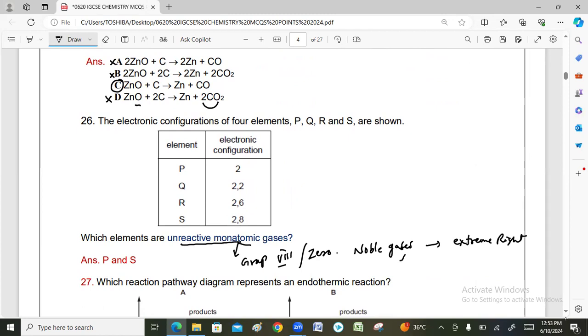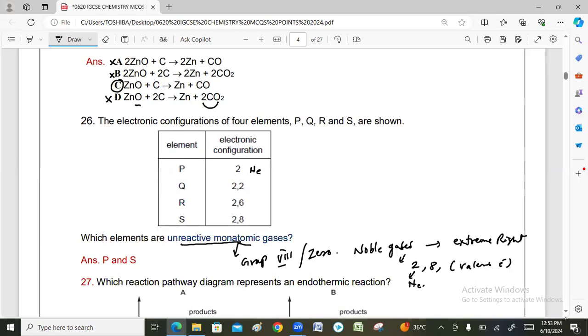Generally, the noble gases have 2 or 8 electrons in their outermost shell, or the valence shell. Only helium has 2 electrons in its outermost shell, but the rest of the noble gases all have 8 electrons. So P: 2, because the first shell contains 2 electrons, this is the structure of helium.